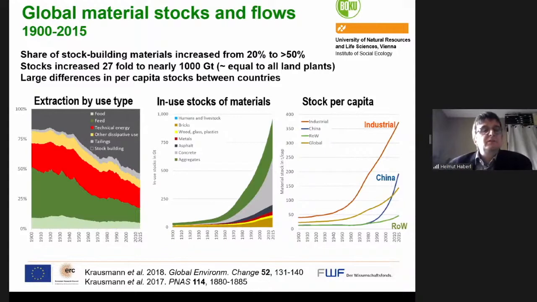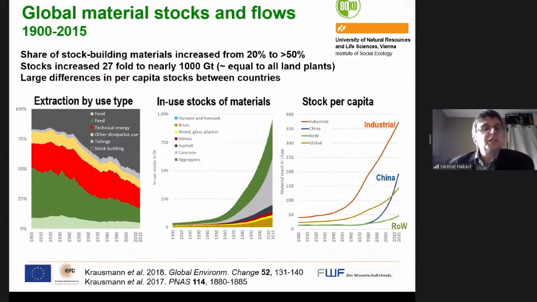It starts at the bottom with food, then we have feed, and this is only fractions, percentage of the total extraction of materials. The total extraction of materials grew about tenfold in this period. So humanity is extracting about 10 times more materials today than in 1900.